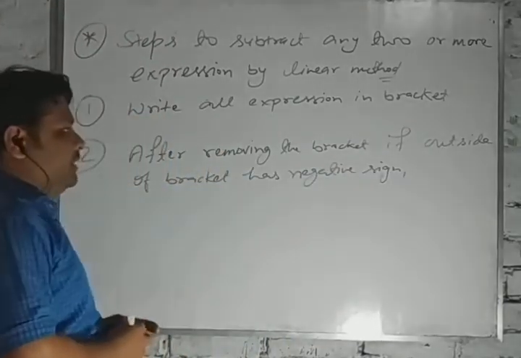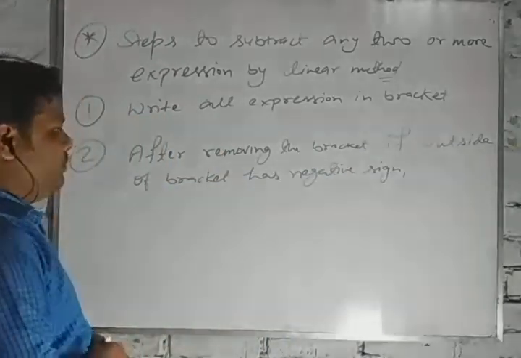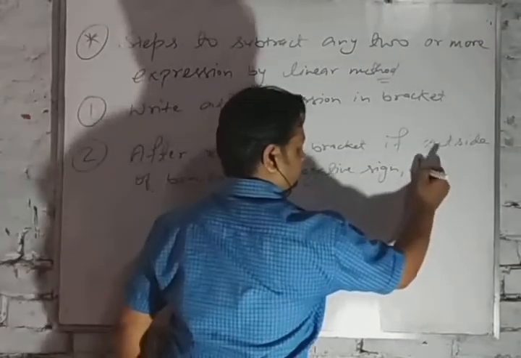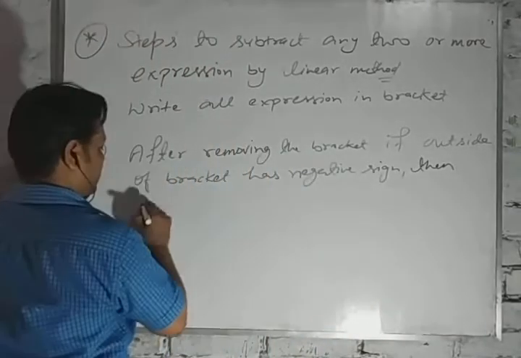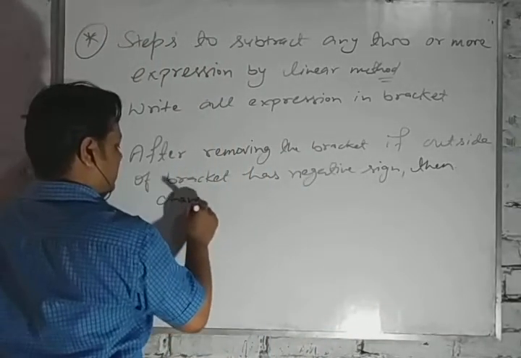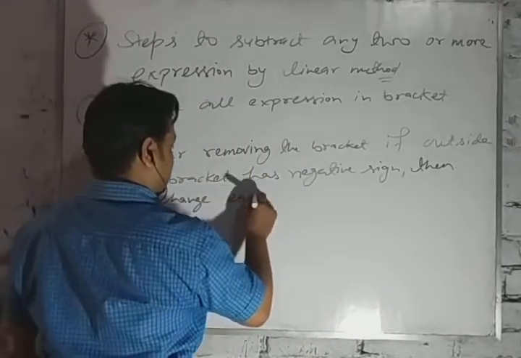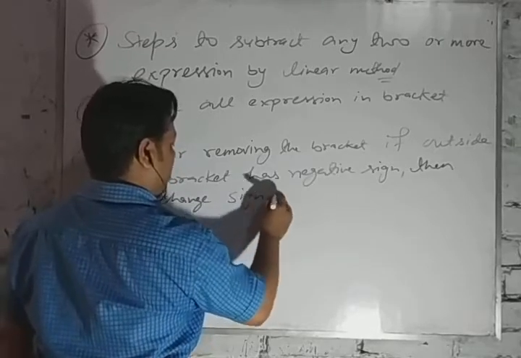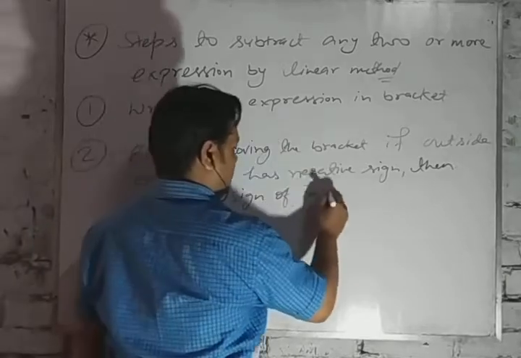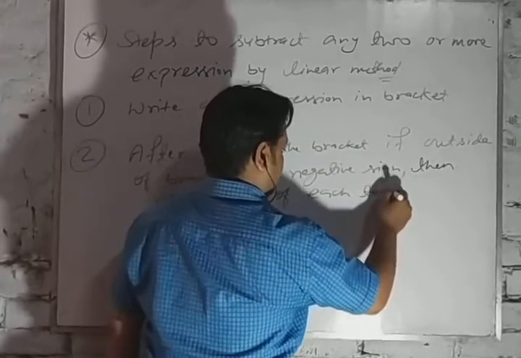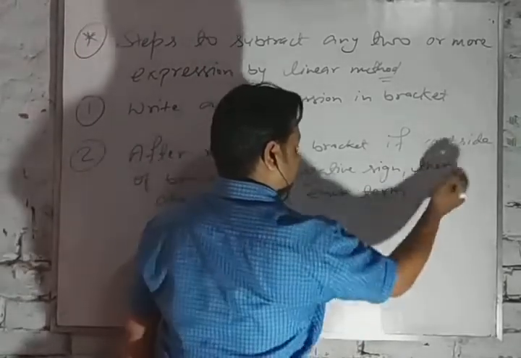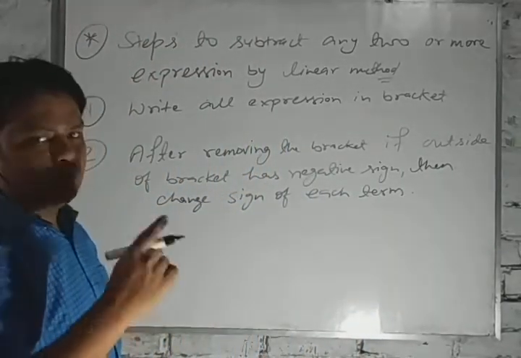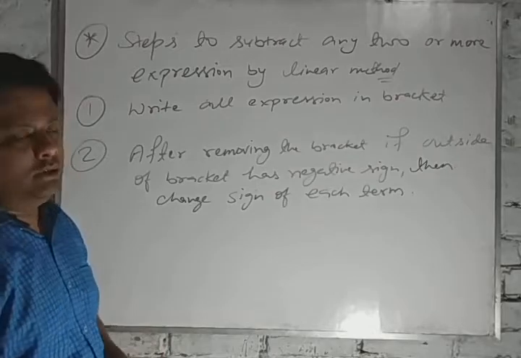If after removing the bracket, the outside of the bracket has a negative sign, then change the sign of each term. That is, we have to change the sign of each term. That is plus to minus and minus to plus. Okay?